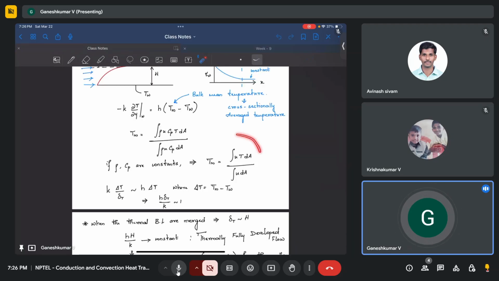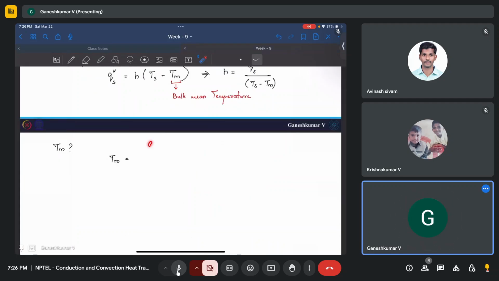What is Tm? From the definition, for constant rho and constant Cp, it is the integral of u T dA divided by the integral of u dA. Now this is a circular pipe, so dA you can replace with 2 pi r dr, that is your elemental area.